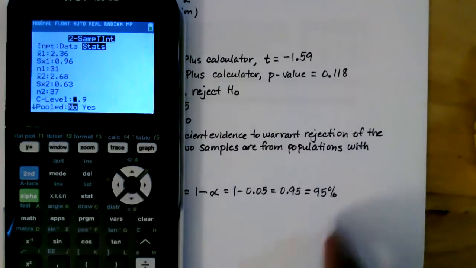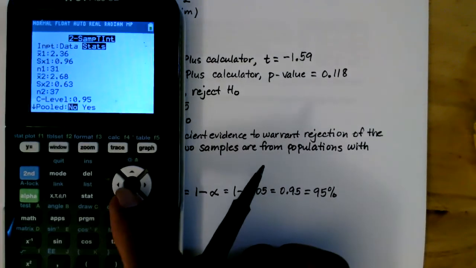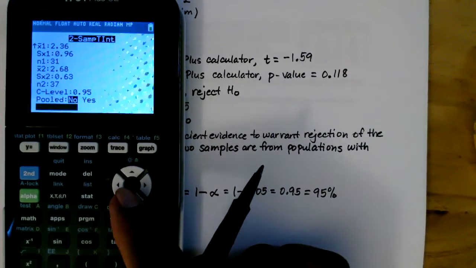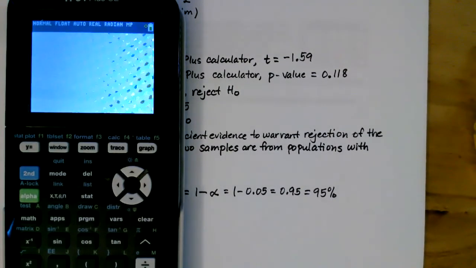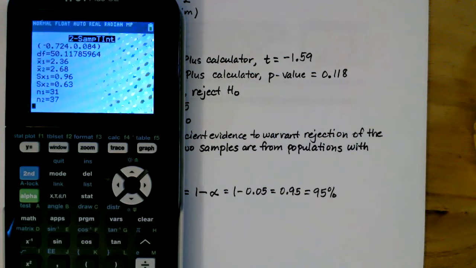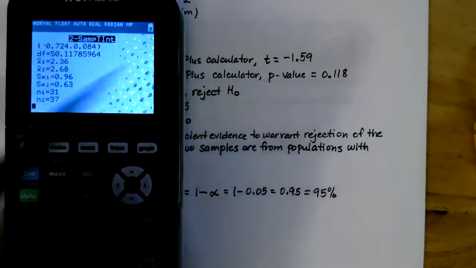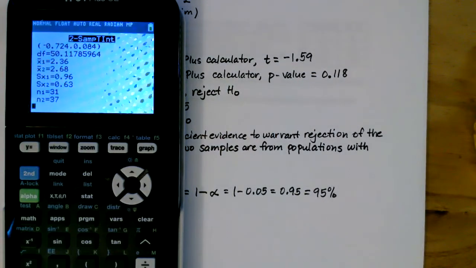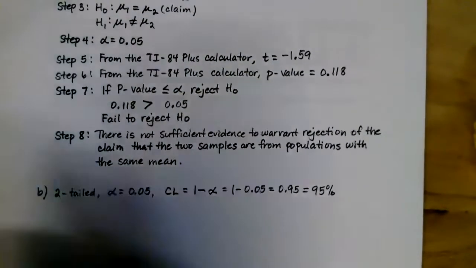The confidence level we need to change to 95%, or 0.95. For pooled, it's always going to be no. Go all the way down, using your down arrow key to calculate. Hit enter. And this will be your confidence interval at the very top. Negative 0.724 to 0.084.